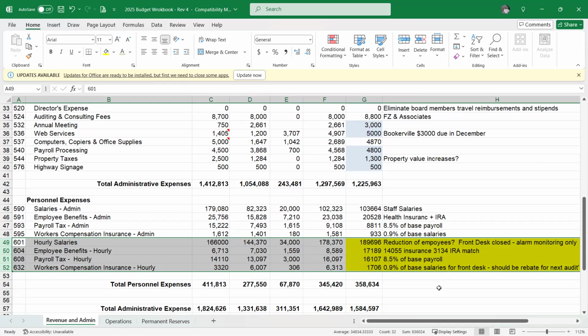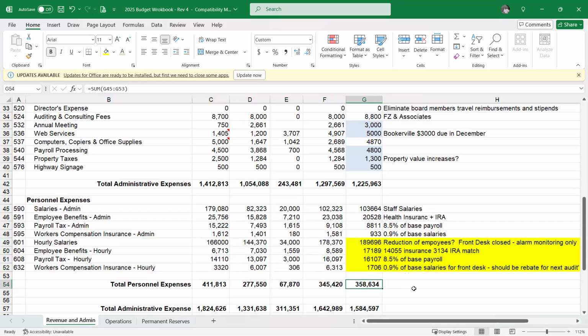And our goal is to eliminate front desk staff altogether at some point. We can't do that yet because we have the alarm monitoring issue that we have to deal with. But the fully burdened staff cost of $358,634, we think we can do better than that.